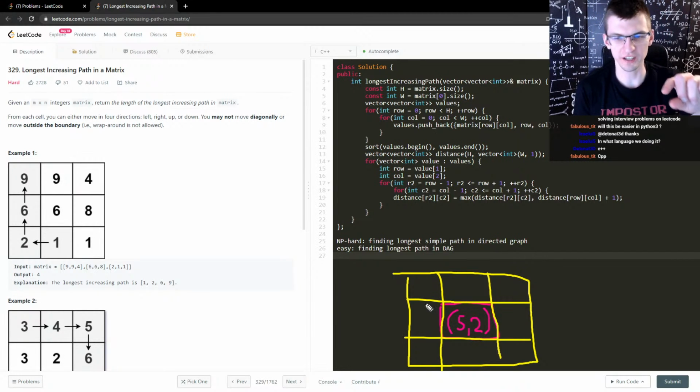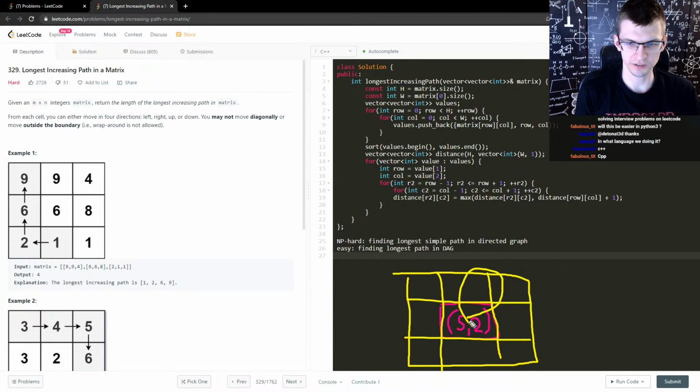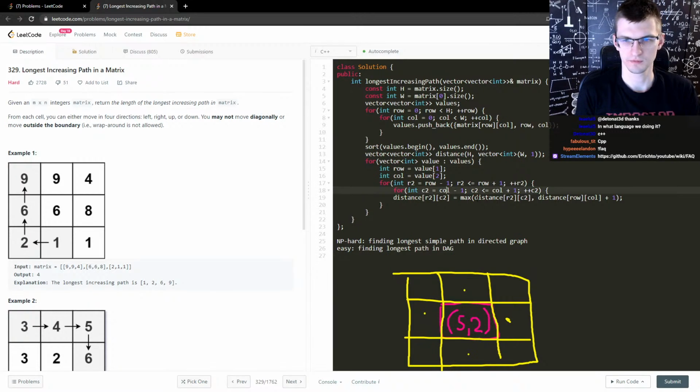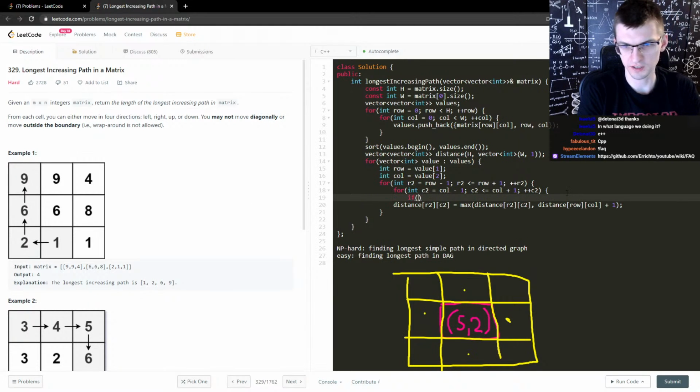But that would allow diagonal moves as well, and iterating over this cell itself. So I need to check if what I found is indeed a neighbor, and the easiest way to do that is to check the distance.